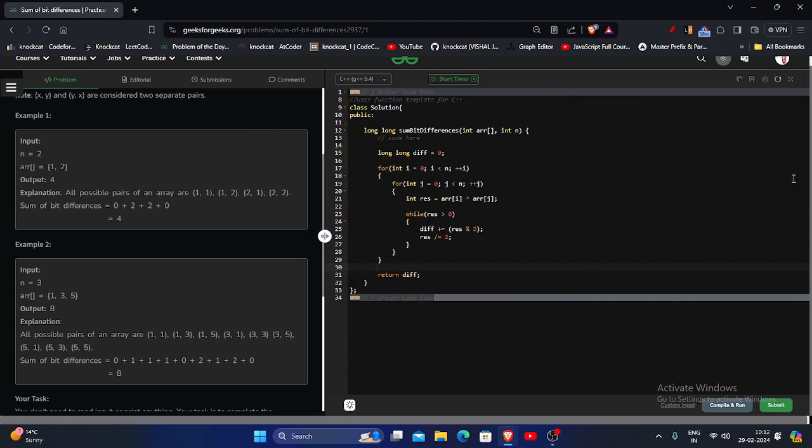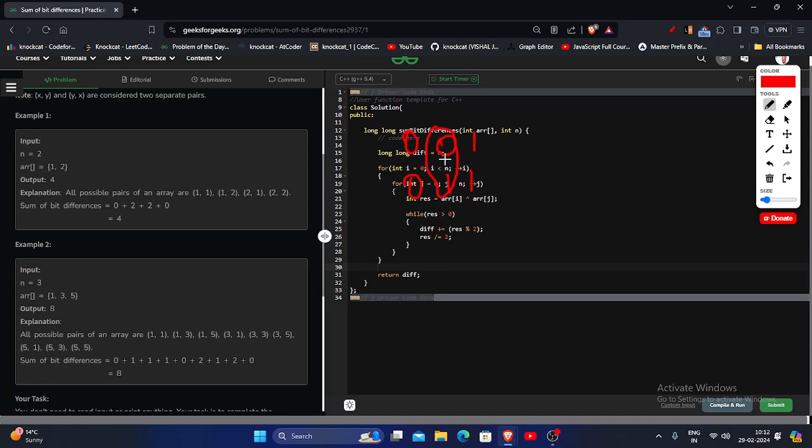I think I should explain this again. What I'm saying is, 0, 0, 1 and 0, 1. Here we clearly can see there is a conflict for this bit, and that means there is going to be a bit difference of 1.